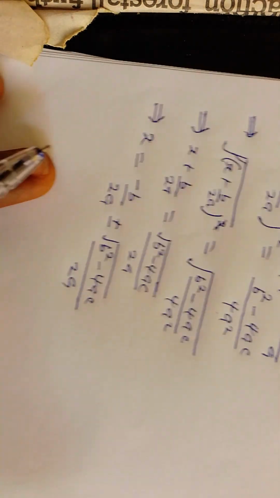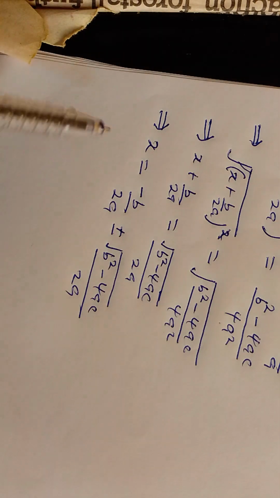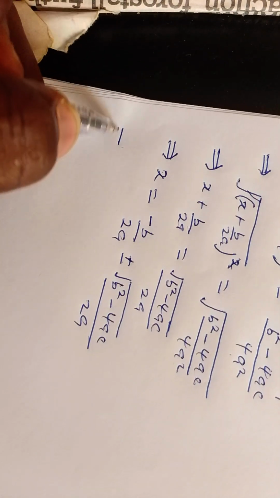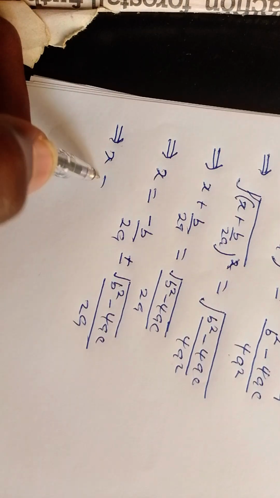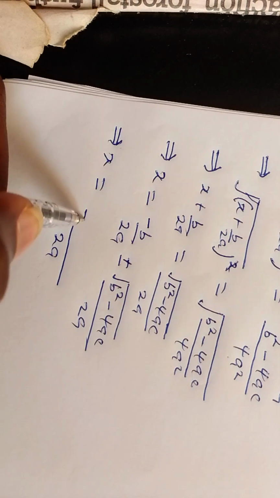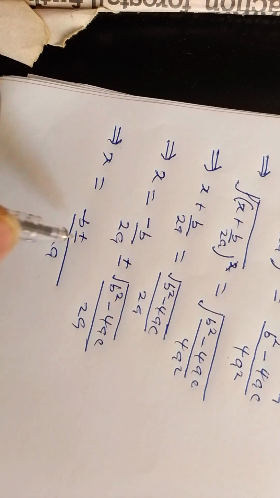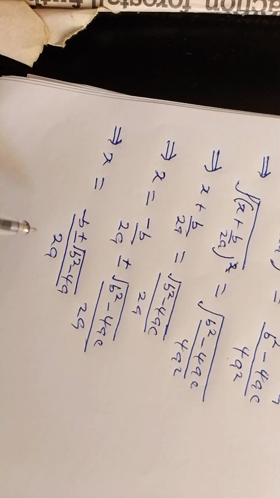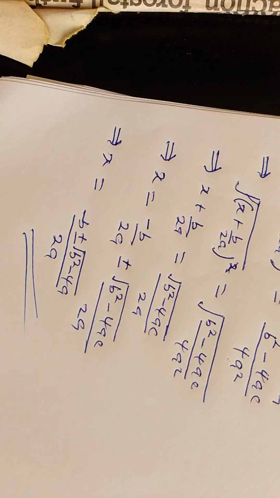Alright, so just a little bit to go. So now, what can I do again? This will be x equals, if you find the LCM, it will be 2a, and this will be negative b plus or minus square root of b squared minus 4ac. So this is the formula for solving the quadratic equation. And this is how it has been obtained.